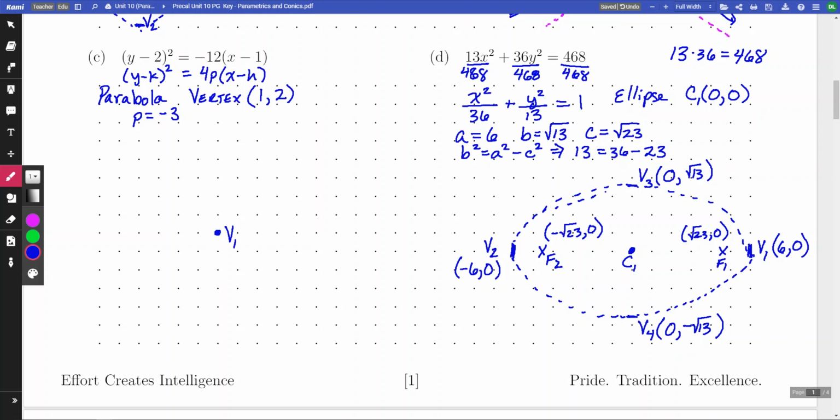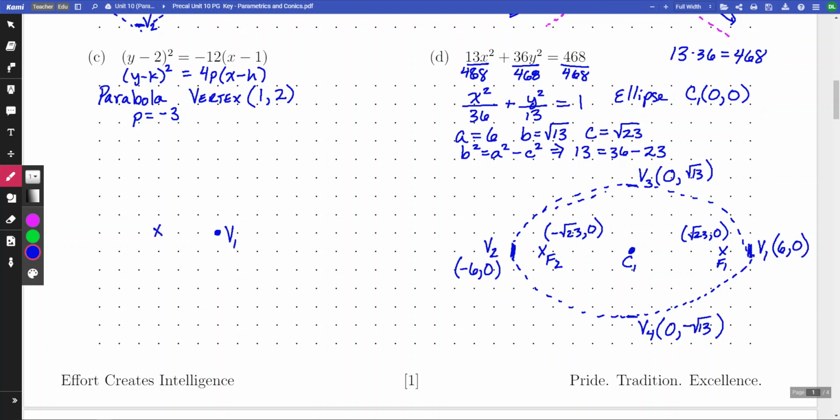Okay, now I know I have y squared and x not squared. So what that tells me is that I'm going to be opening to the left or opening to the right, because I have a negative p-value and I'm going to open to the left. And that p-value is negative 3.